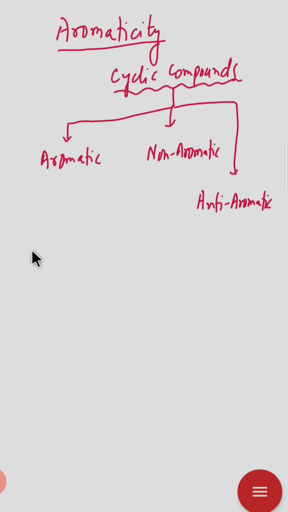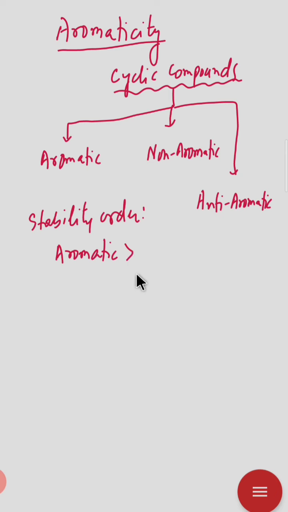Okay, so the stability order is first aromatic, and then non-aromatic, and the last one is anti-aromatic.